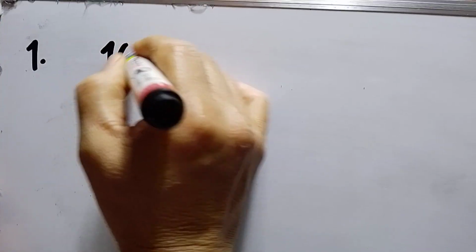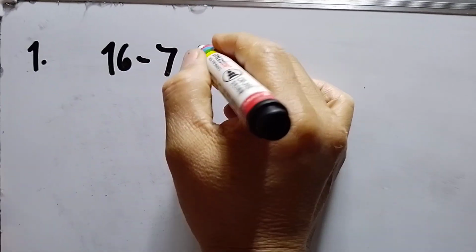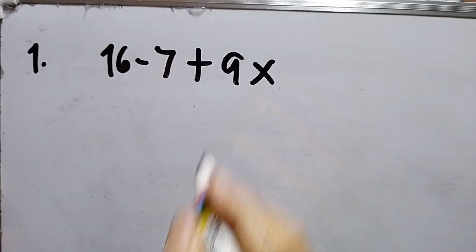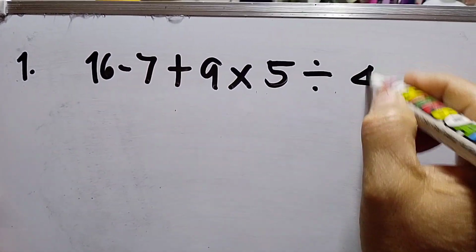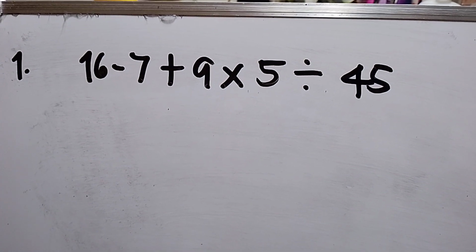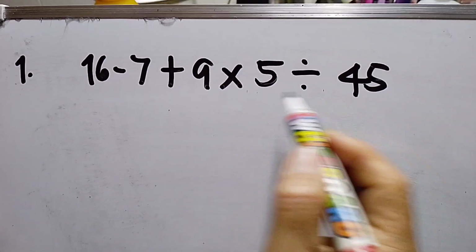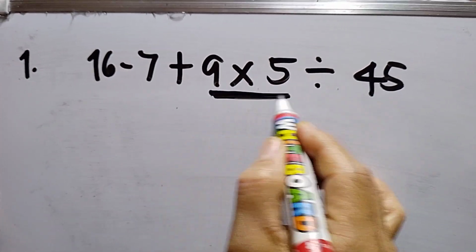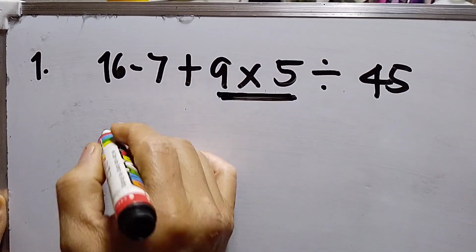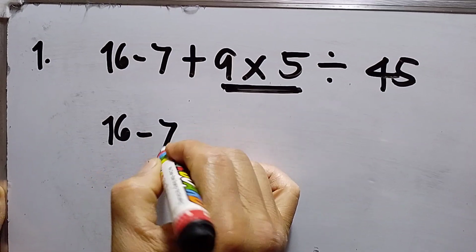16 minus 7 plus 9 times 5 divided by 45. Since 5 cannot be divided by 45, we will use multiplication first. So copy this one, 16 minus 7.